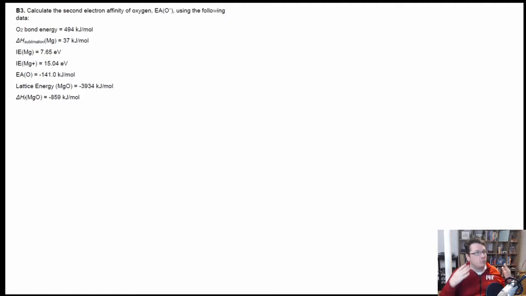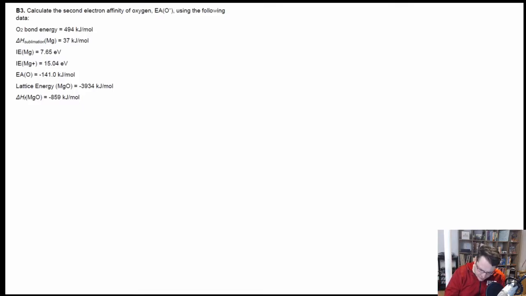So basically what this problem is asking you to do is to set up, first off, all the different reactions that have to happen for magnesium plus oxygen gas to form magnesium oxide. That's the framework we're going to use to get the electron affinity for the second step.